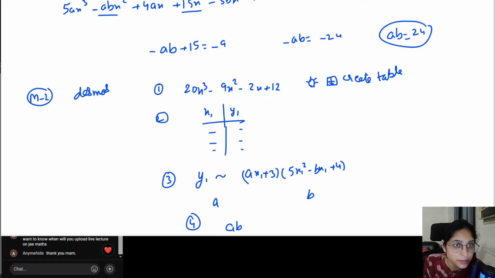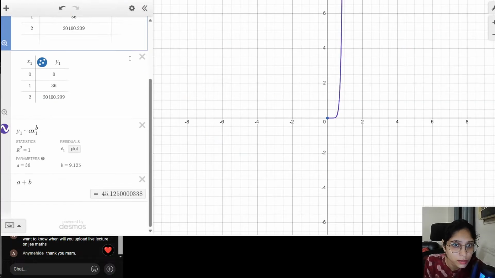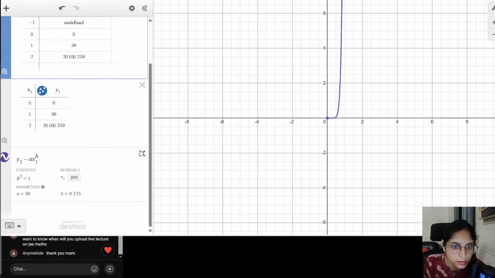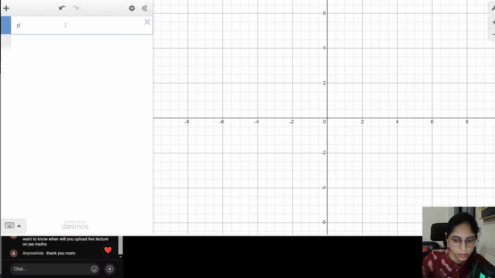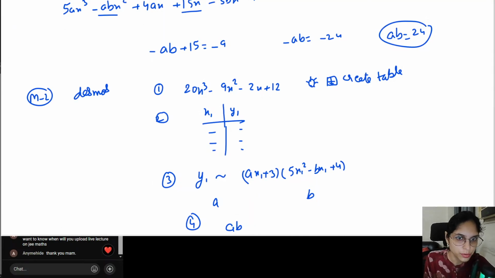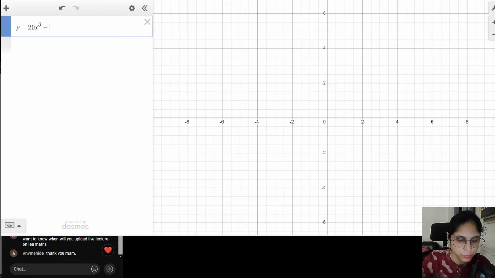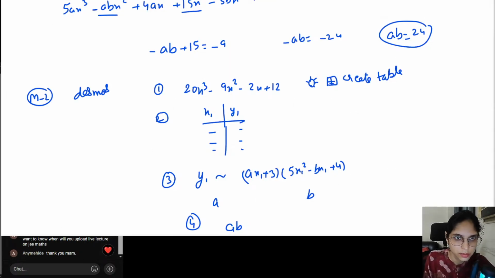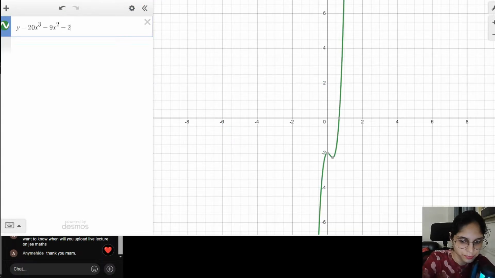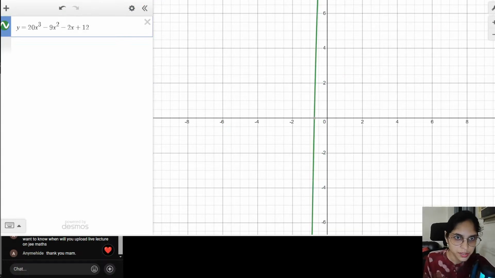So now let's try that. Y equals 20x cube minus 9x square minus 2x plus 12.